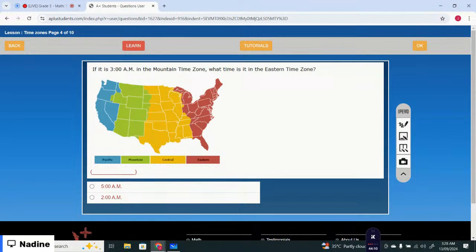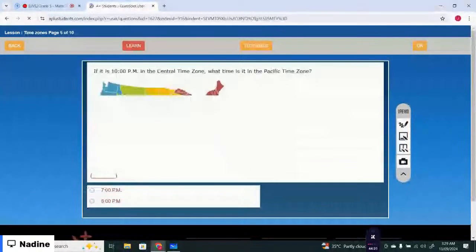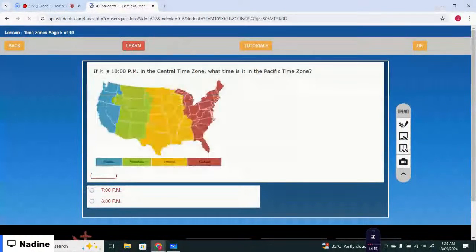The correct option is 5 a.m. Option number 1 is the correct option. Very good. The next one is, if it is 10 p.m. in the central time, what time is it in the Pacific time zone? Which is the correct option?